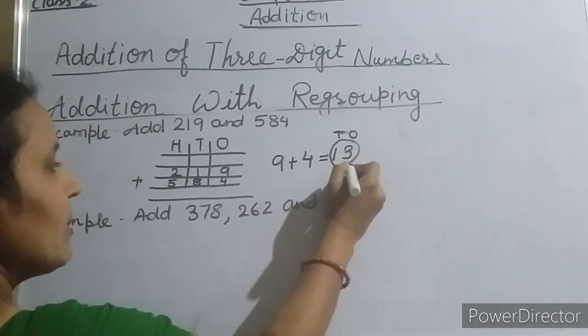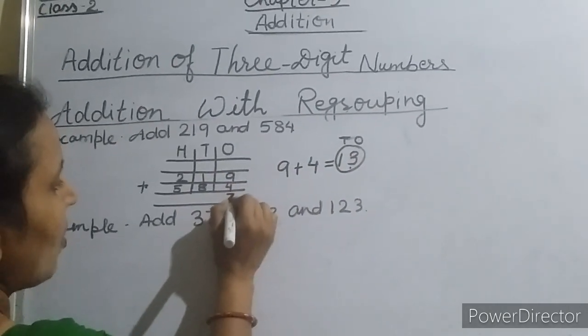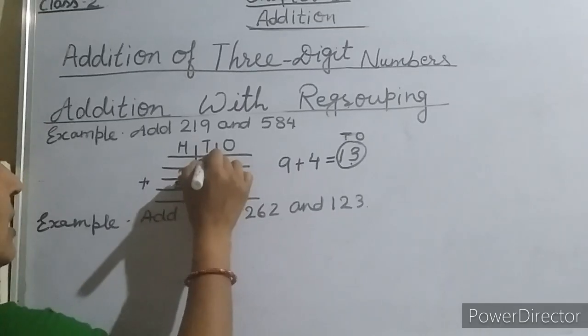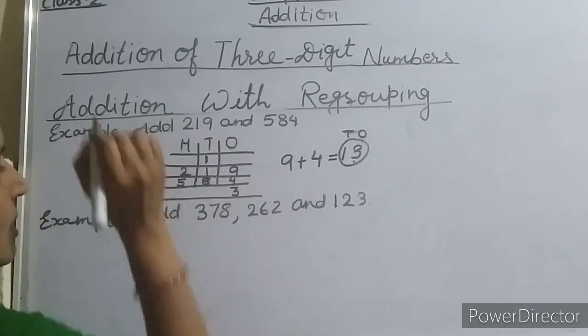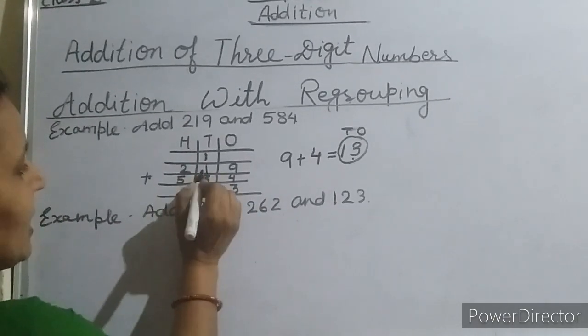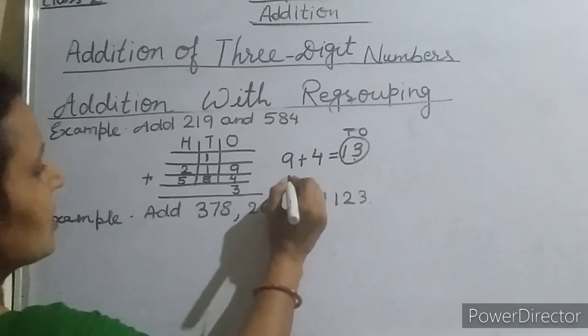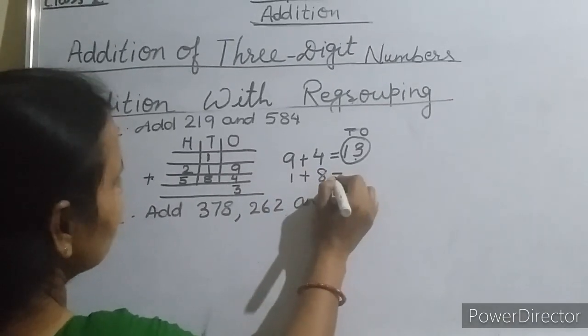So 3 we will write under the ones column and 1 here at the tens column. Carry over 1 here. Now students, come to the tens place. 1 plus 8. So 1 plus 8 is equal to, students? Yes, 9.